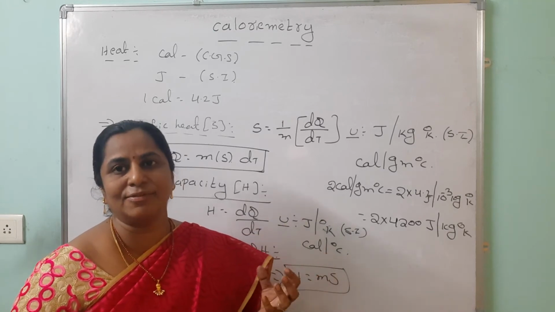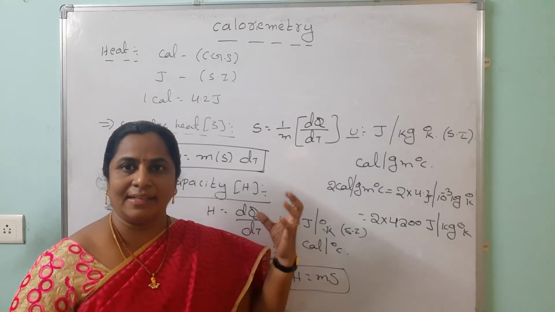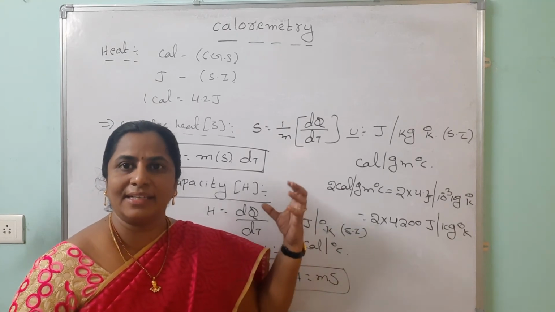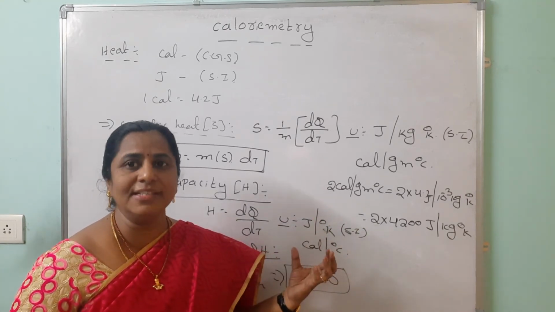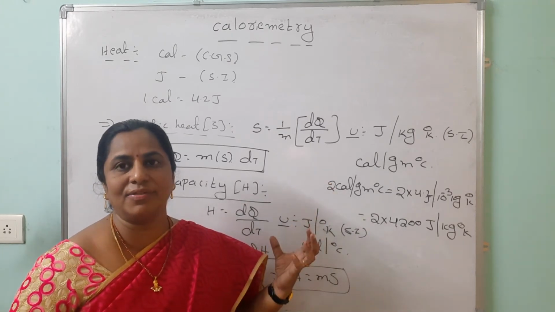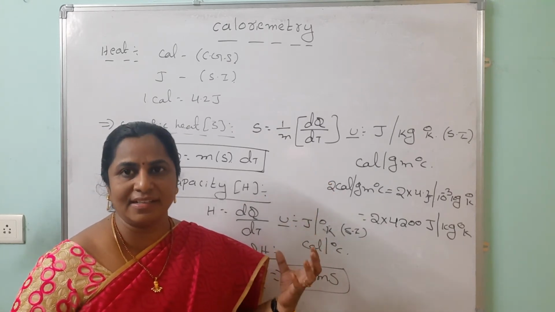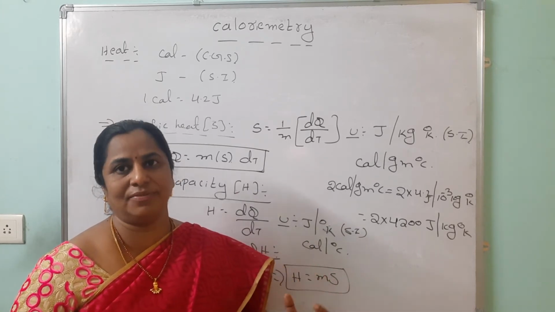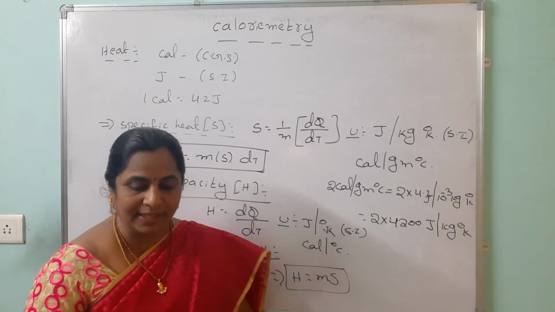For water, it is 1 in the CGS system and 4200 in the SI system. For ice it is 0.5, and likewise we can take steam also. Different materials, like copper, iron and silver, have different specific heats, and this is about heat capacity.